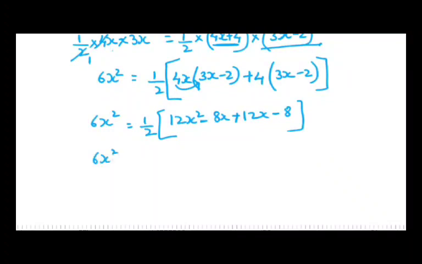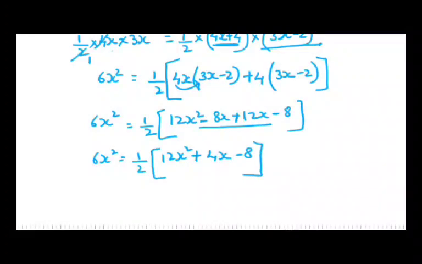Okay, let me see if there's anything that I have to solve inside the bracket. So 12x square remains the same, minus 8x and plus 12x makes it plus 4x minus 8.